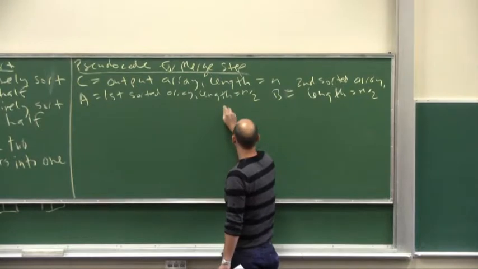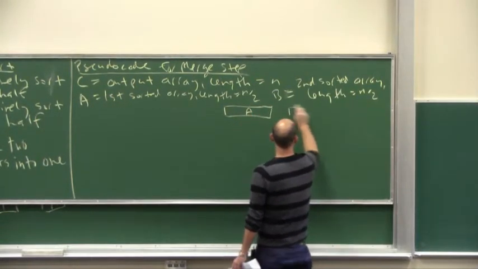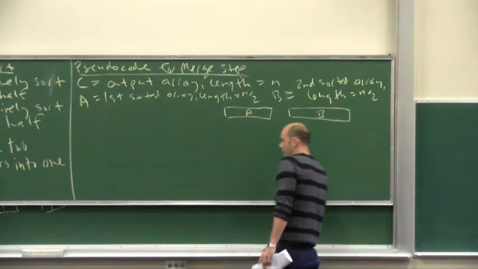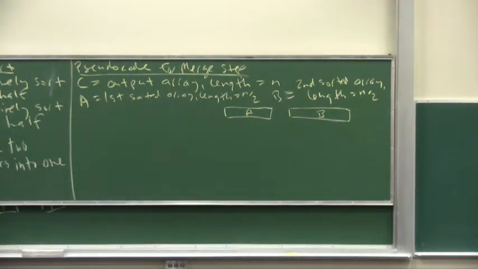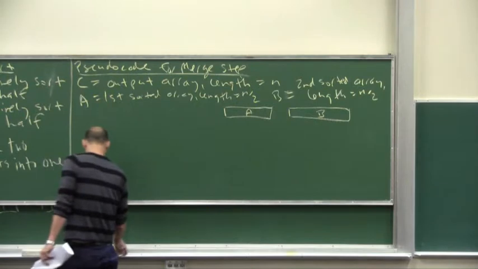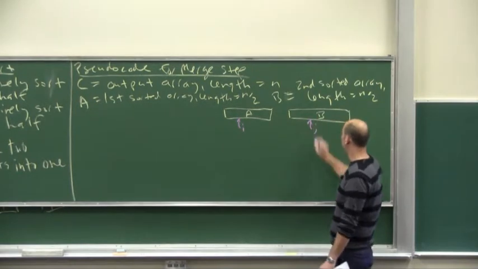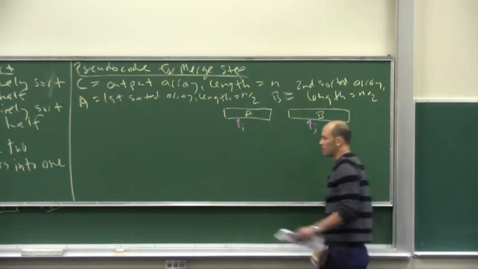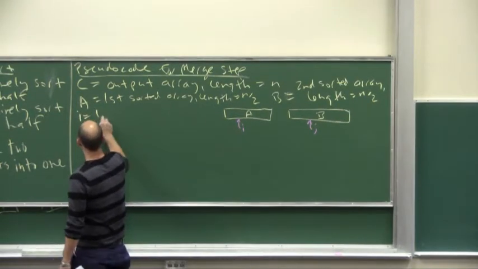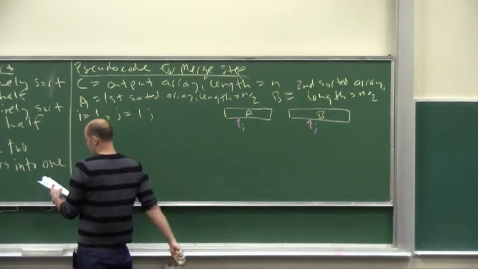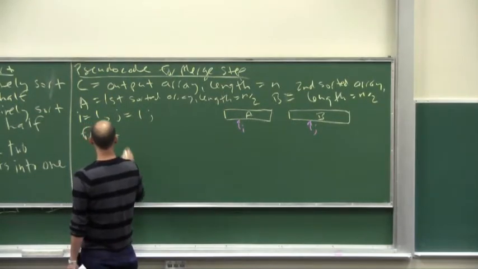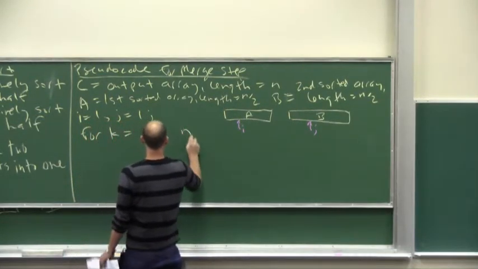As was suggested, what we're going to do is walk down the two already sorted subarrays in tandem, and populate the output array C in increasing order. We're going to need indices to keep track of where we are in each of the two sorted subarrays. So there'll be one index i and another index j, which walk down the two sorted subarrays. We'll initialize those to 1. And then we're going to have one main loop for k equals 1 to n. What do we do?